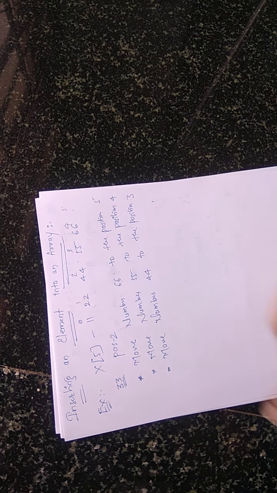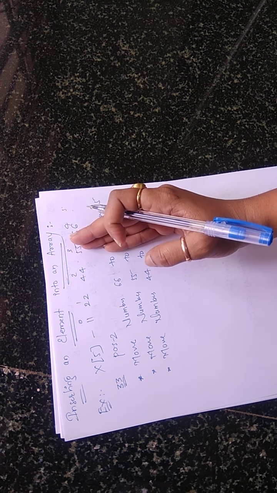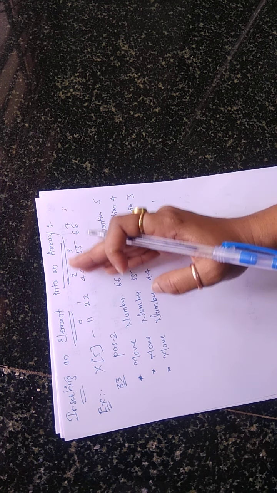Now position 2 will be empty because we have shifted. 66 has been added into 5, 55 has been added to 4, 44 has been added to 3. Done? Now the position 2 is blank and we can add that 33 into your X of 2 position.